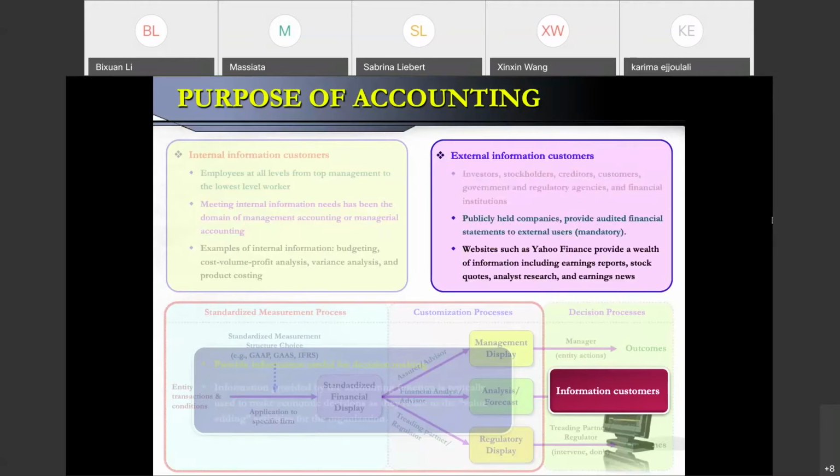Publicly traded companies have more complicated compliance requirements. Websites such as Yahoo Finance are very important resources that researchers use to analyze financial news articles. In this area, a lot of people use textual analysis to predict the earnings of companies, and there are many, many papers working on these areas.